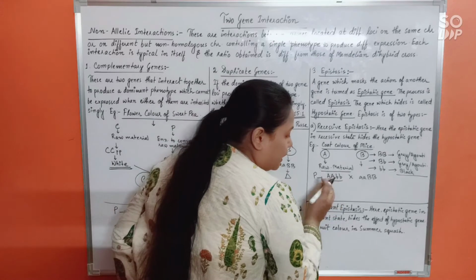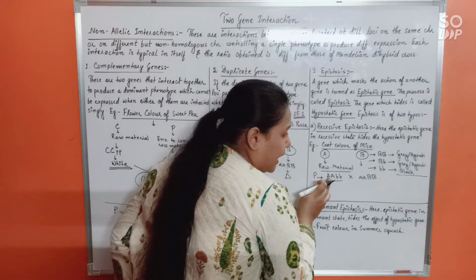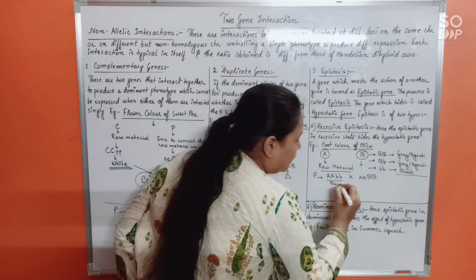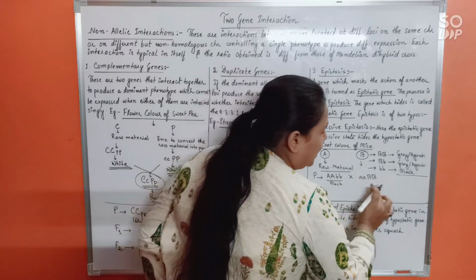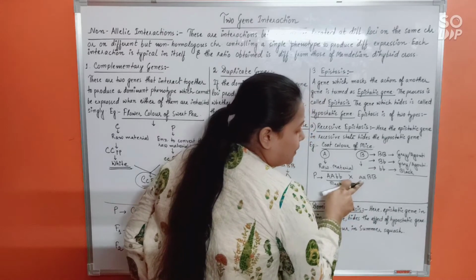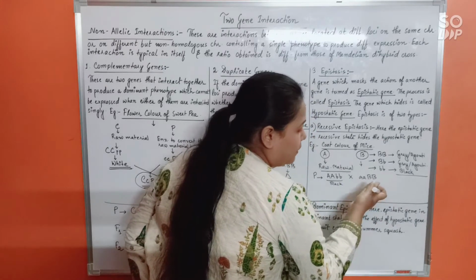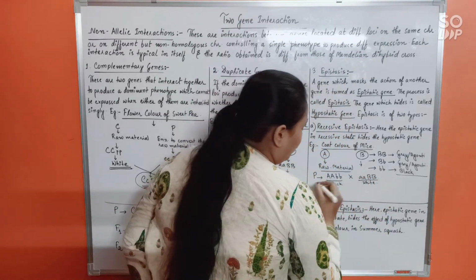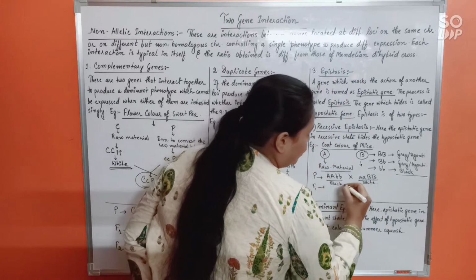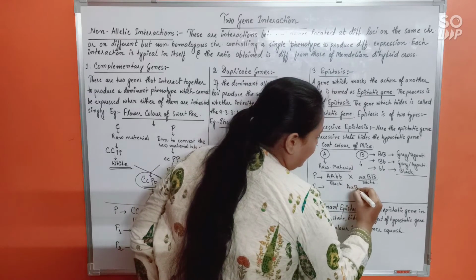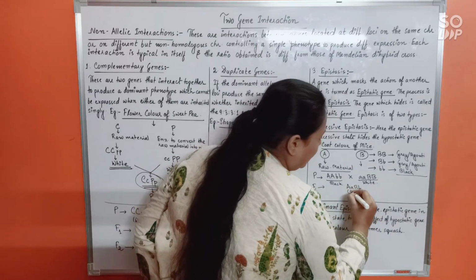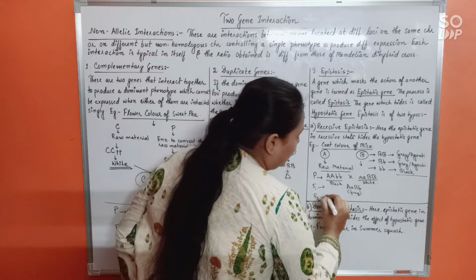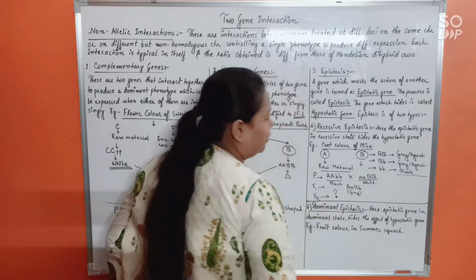A is present, that means raw material is available, and B is in the recessive state, that means it will be black, isn't it? And in this combination, raw material itself is absent, so no matter whatever combination B is in, the color will be white or albino, isn't it? So F1 hybrids will have the genotype capital A small a, capital B small b, that means all will be grey, right? So you need to simply find out the F2 generation.